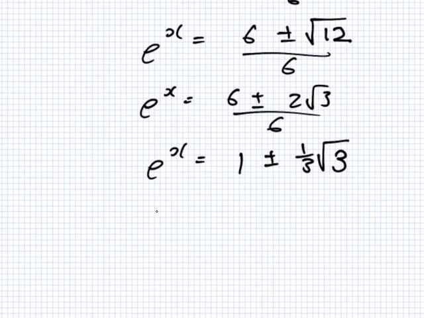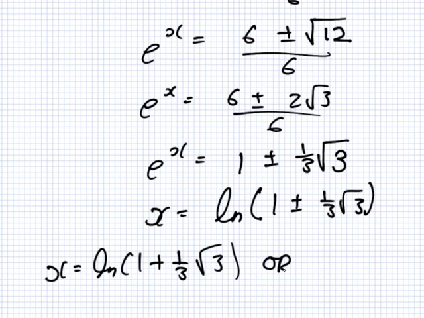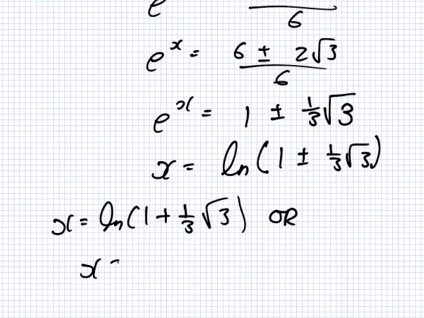So we get x equals log of 1 plus or minus 1 over 3 root 3. Now, I'm happy with the plus answer, but we want to make sure the negative answer is okay. I feel like the negative answer might not be okay, because this might be negative, and we can't have log of a negative number.